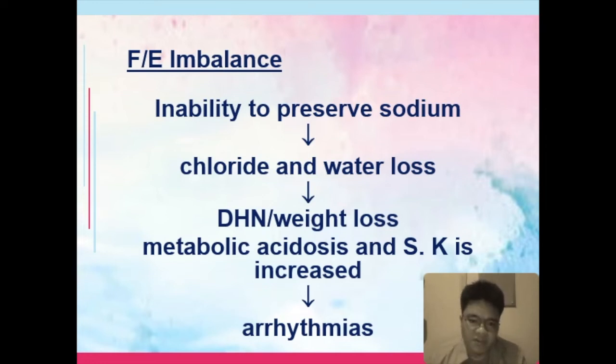In more severe cases, you would anticipate metabolic acidosis. Because of the increase of your serum potassium, kindly correct me, that's serum potassium, that would be increased, arrhythmia would result.